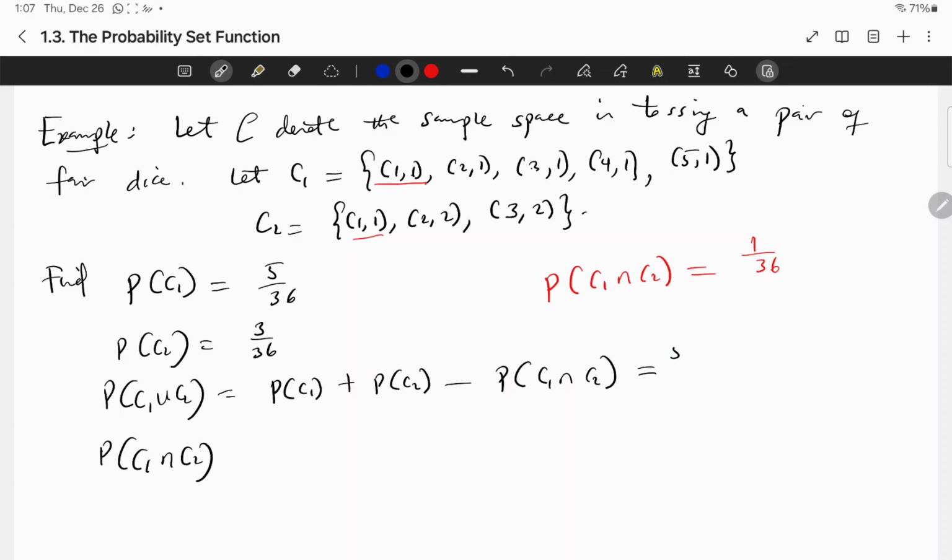So that means we have 5 over 36 plus 3 over 36 minus 1 over 36, and that is 7 over 36. And the intersection gives us 1 over 36.